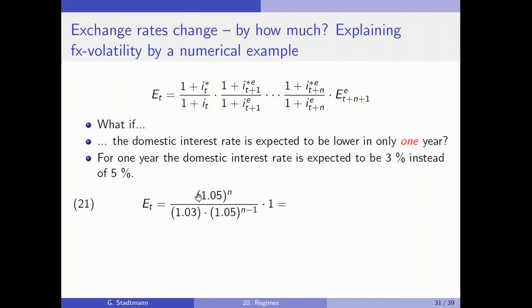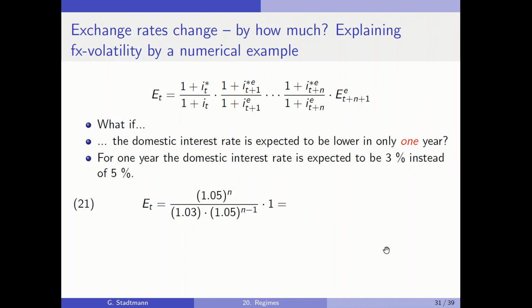The foreign interest rate does not change, so the chain of foreign interest rates is unbroken. Once more, we have 1.05 to the power of n. But in the denominator, we have the domestic interest rate, and there only in n minus 1 years the interest rate is at 5%, but in 1 year, the interest rate is only at 3%.